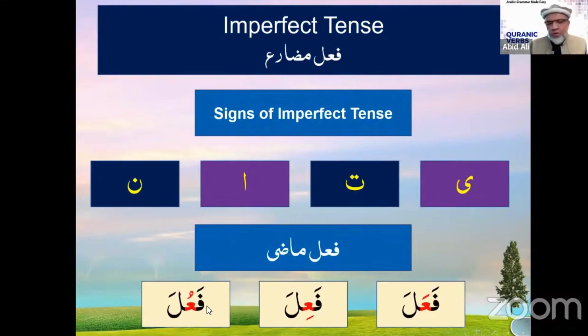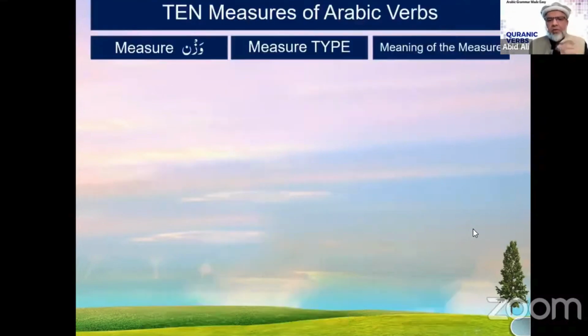Can we have any more variations of this? We can't, right? These are the 3 variations of Failul Madi. So similarly, Failul Mudare also has 3 variations: yaf alu, yaf ilu, and yaf ulu.